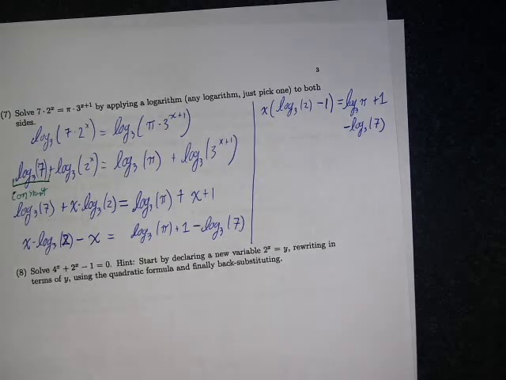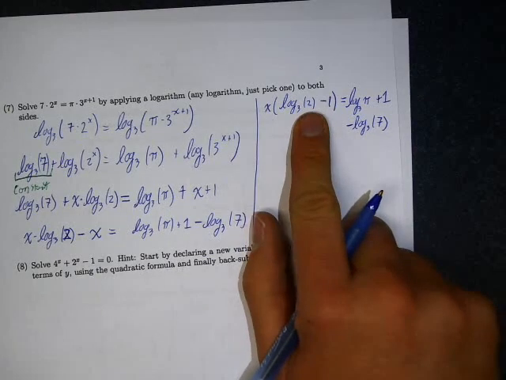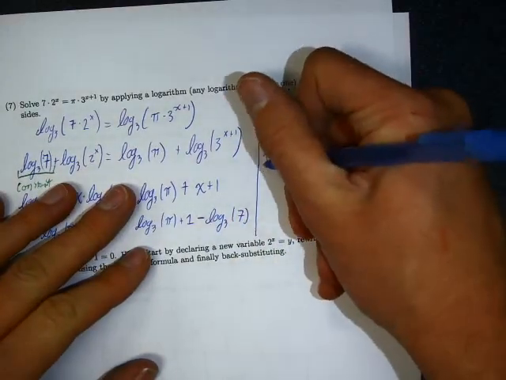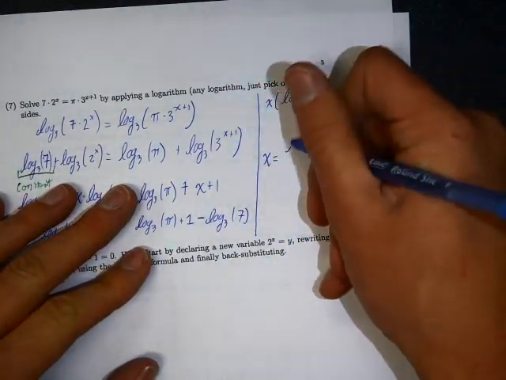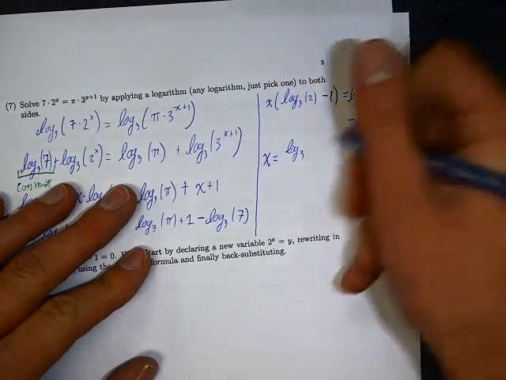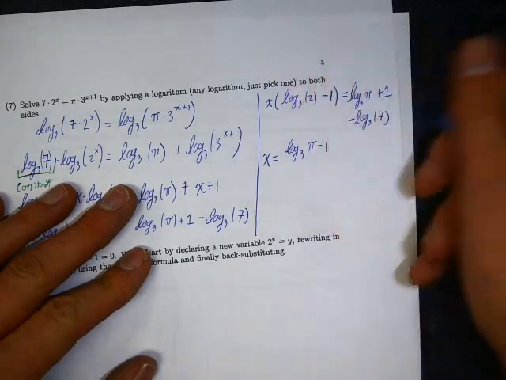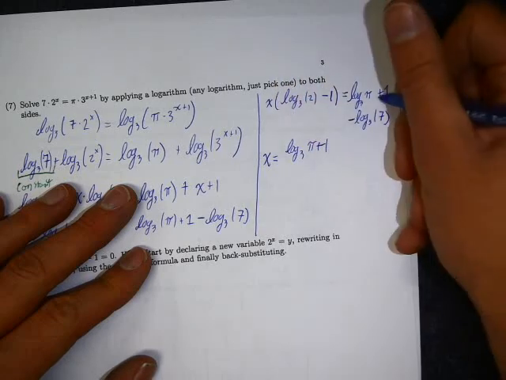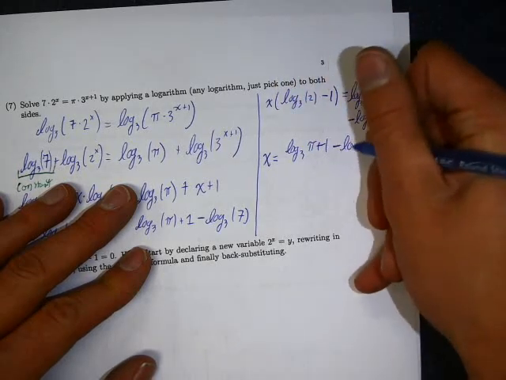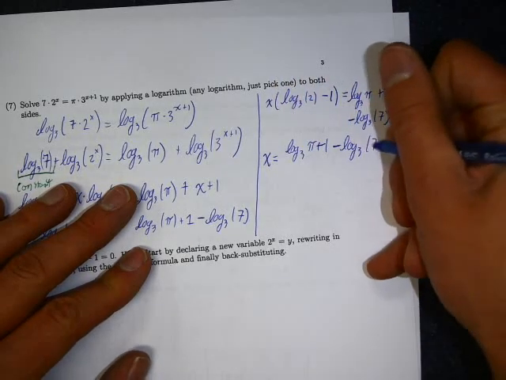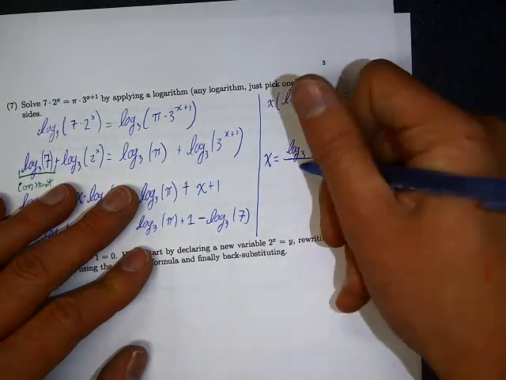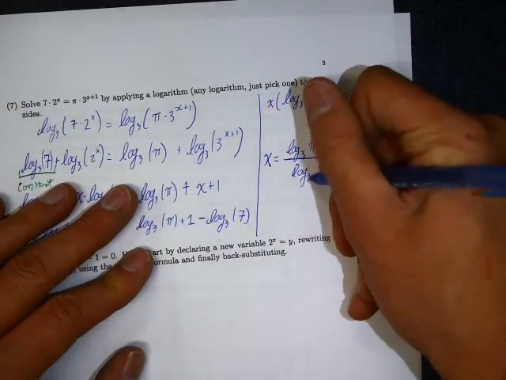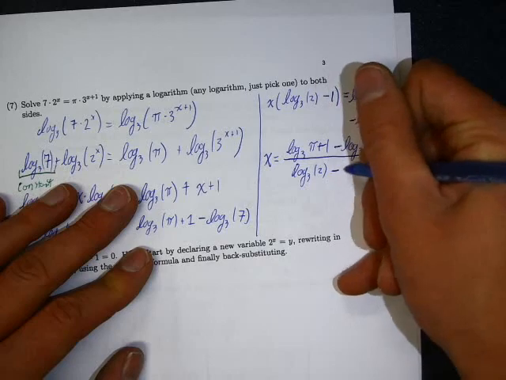Yeah, and now you know what I'm going to do. I'm going to divide by that. So x is equal to log base 3 of pi plus 1, because it's plus 1, minus log base 3 of 7, all over log base 3 of 2 minus 1.